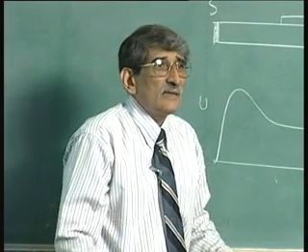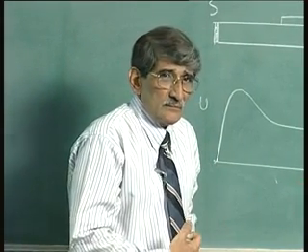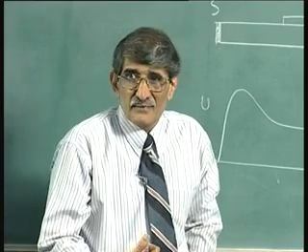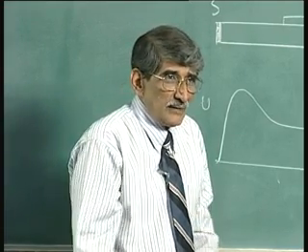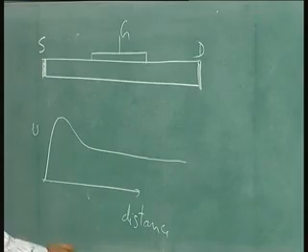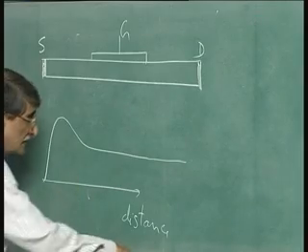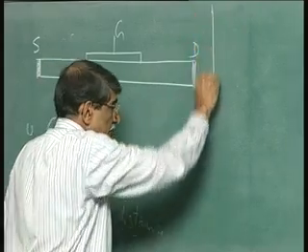That is, as you vary the electric field, as you vary the drain voltage, electric field varies from a low value to a high value. When the electric field is low, let me just draw that here side by side.